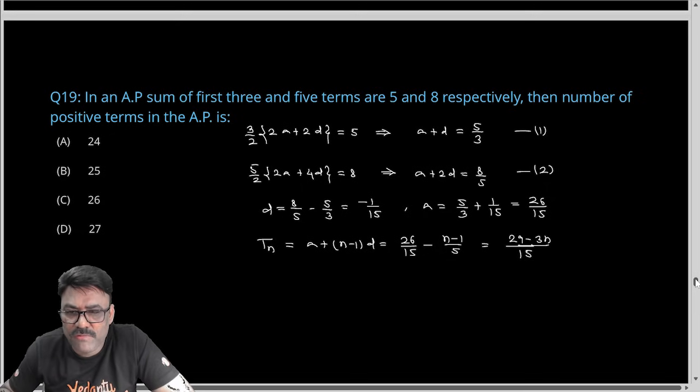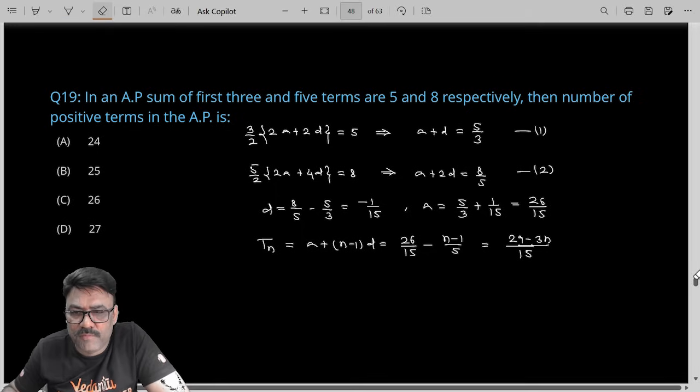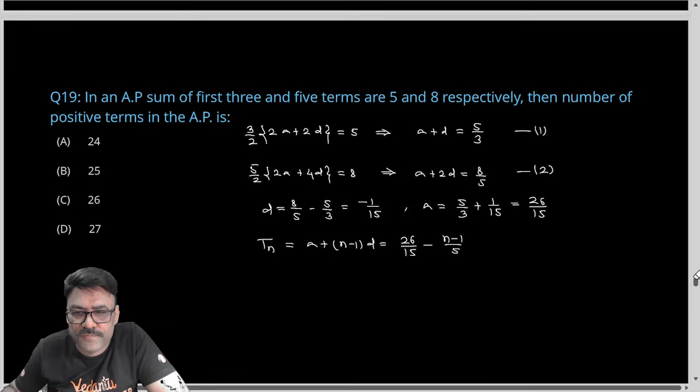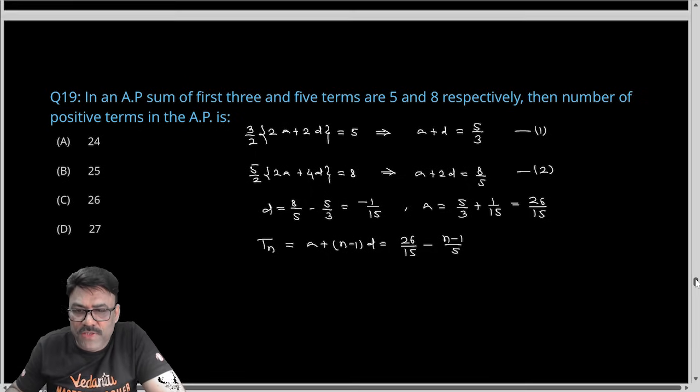Actually, I'm putting the wrong value of D here. D is minus 1 by 15. I'm putting minus 1 by 5. So A plus n minus 1 into D, A is right, 26 by 15 minus n minus 1 times D, where D is 1 by 15 actually. So this becomes 27 minus n by 15.